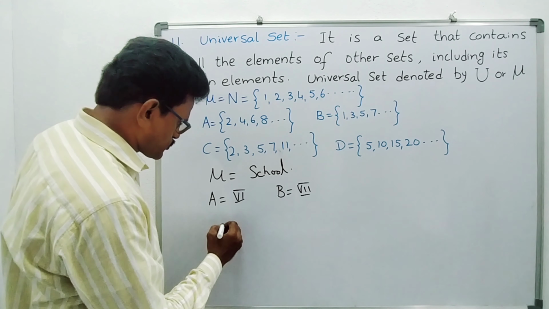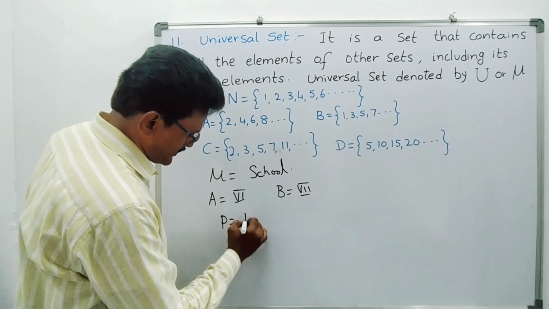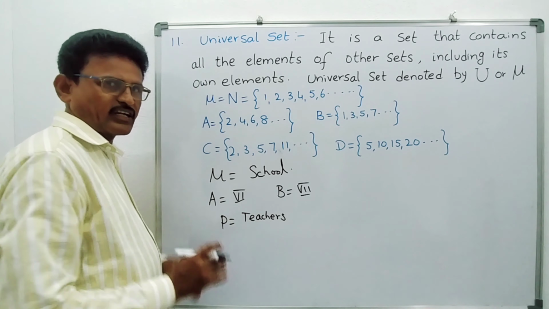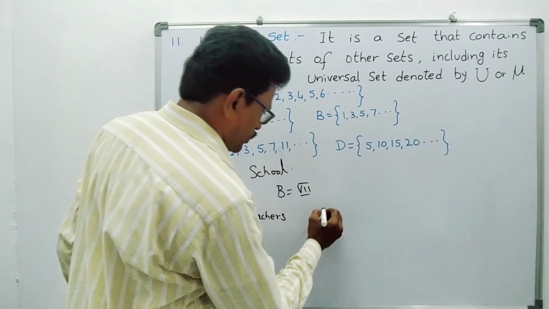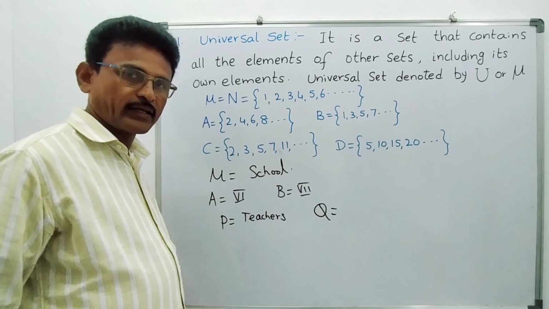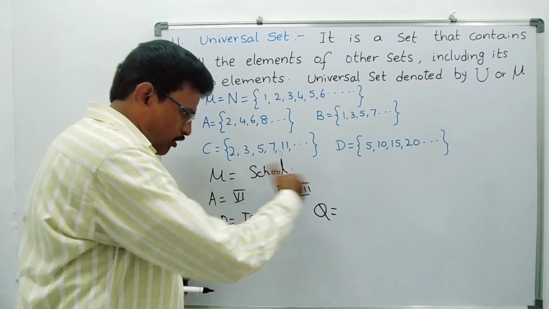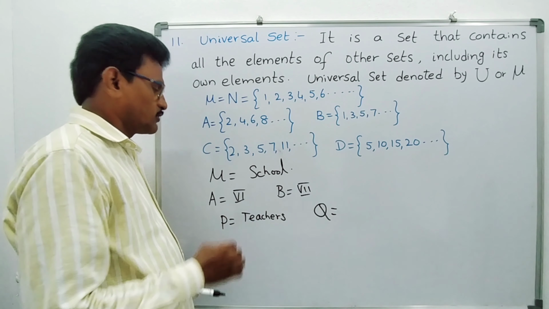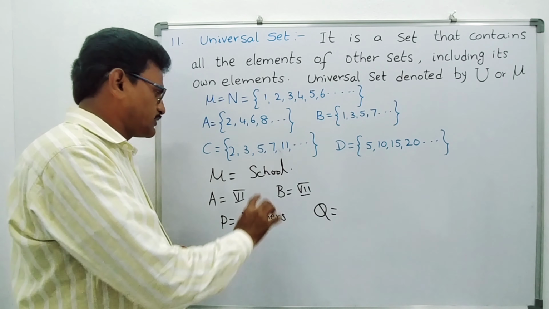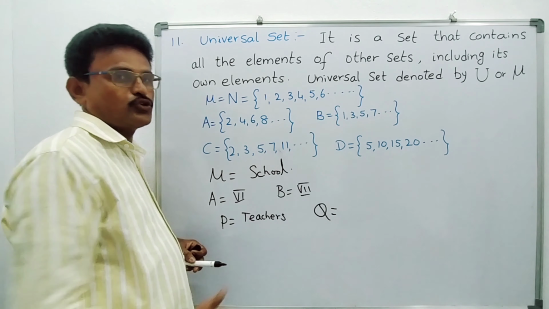Now set P, suppose teachers in your school, total teachers. Now Q, non-teaching staff in your school. Like that different sets we can take, but all the elements that belong to set A, set B, set P, set Q are there in your school, is that not? So this one we can consider as the universal set.